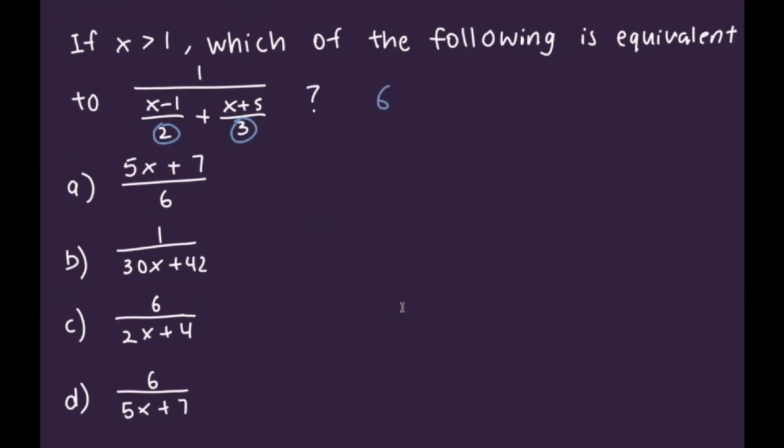So the bottom will be 3x minus 3 over 6 plus 2x plus 10 over 6. And if you combine that, you will get 5x plus 7 over 6.